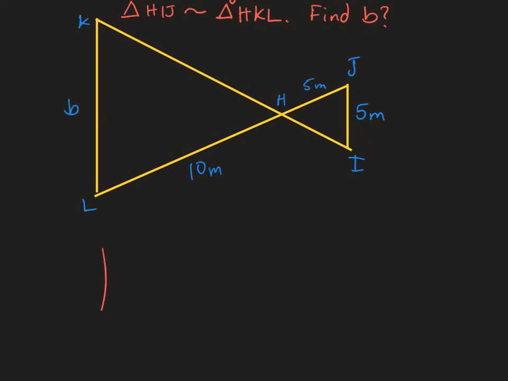This is a lot easier to see. Triangle KHL, and if you flip it this way, triangle JIH.